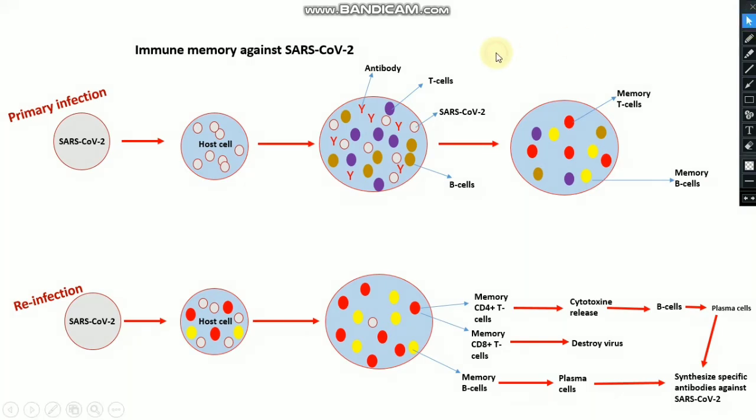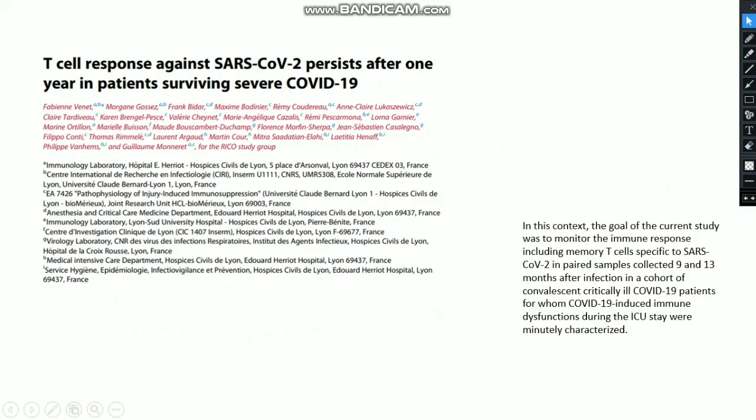So now I'm gonna show you a recent study that people executed. Here you see this paper already published in the Lancet.